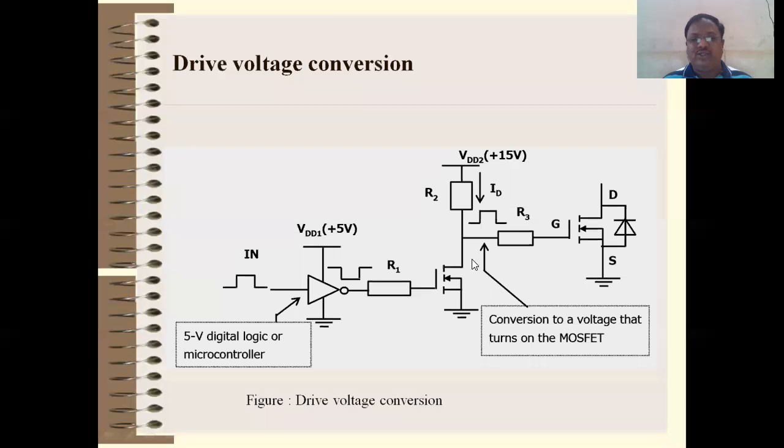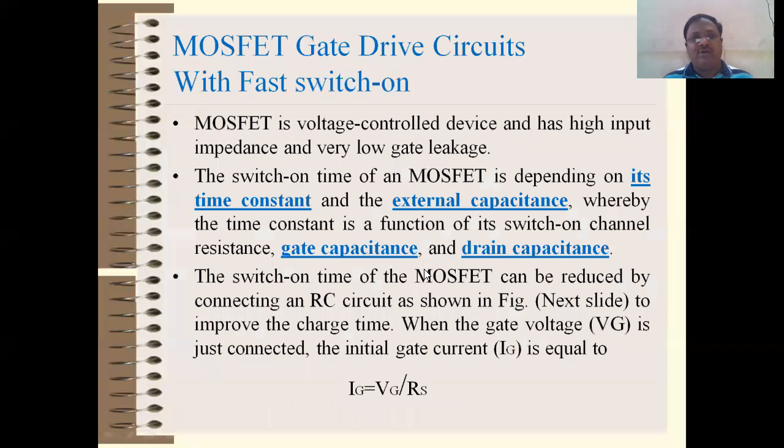Whenever this MOSFET is on, the gate voltage of the second MOSFET is 0. But if the first MOSFET is off, the high voltage 15 volt is applied to the gate of the second MOSFET. The second MOSFET is actually a power MOSFET, so its gate voltage is up to 15 volt. If the VTH is greater than 5 volt, then such an arrangement is required. That we have already seen.